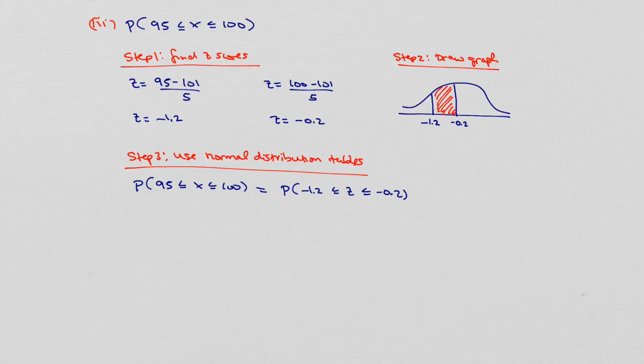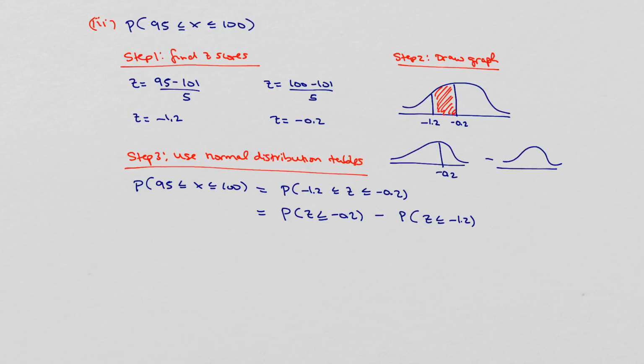That's the same as breaking that graph down into two parts, where we would have the probability that z is less than or equal to minus 0.2 minus the probability that z is less than or equal to minus 1.2. By subtracting those two graphs, we end up with what we're looking for.